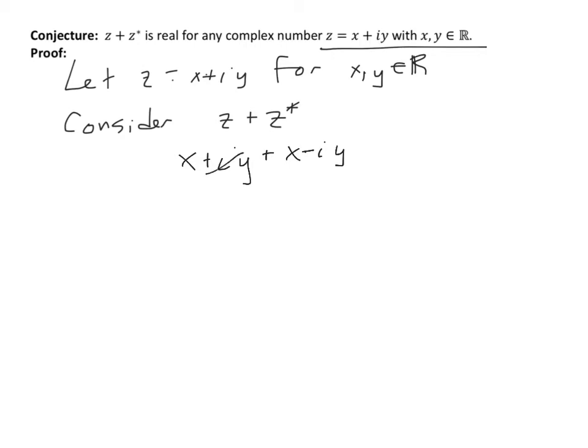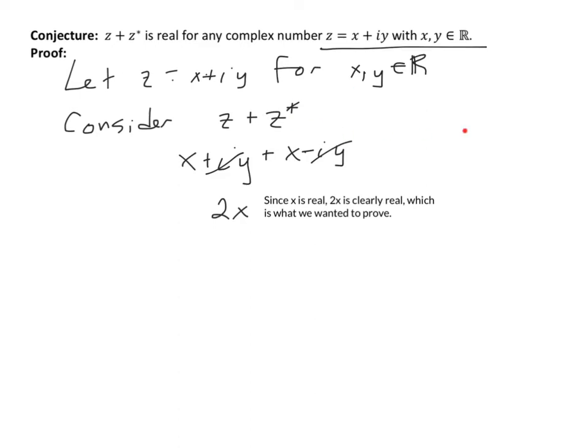We can very clearly see here that the imaginary parts are going to drop out, and what we're left with is 2x. And at this point, we again could write a really brief statement about what we found. So what I wrote here: since x is real, 2x is clearly real, which is what we wanted to prove. This structure of "which is what we wanted to prove" is a really common conclusion sentence that I'll use in a proof.